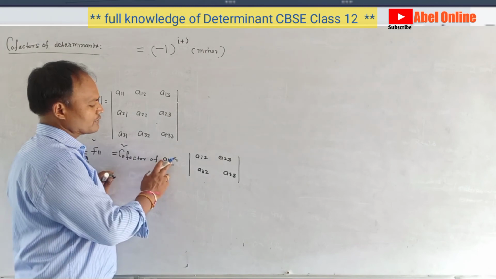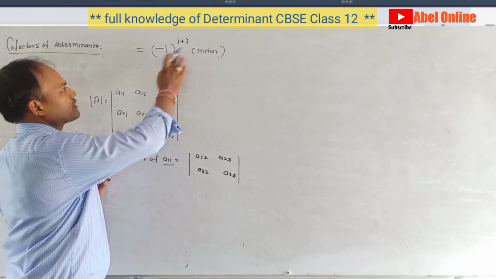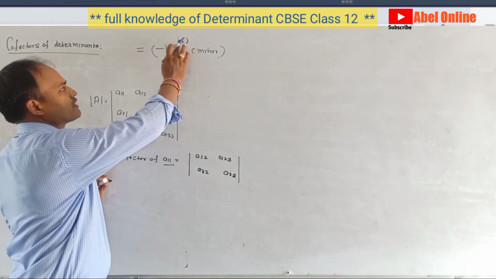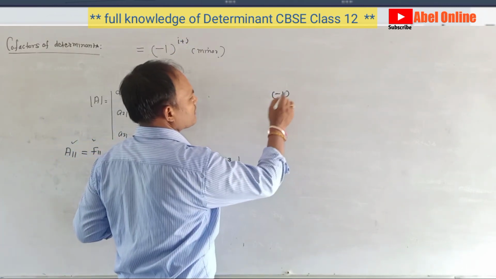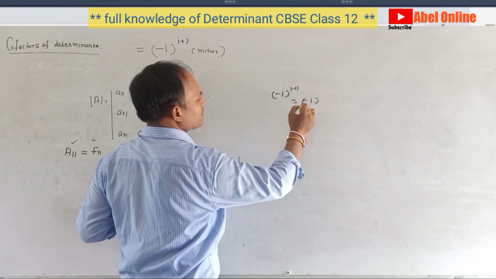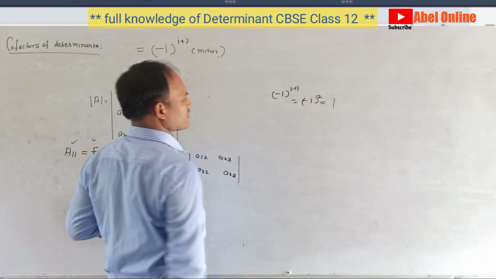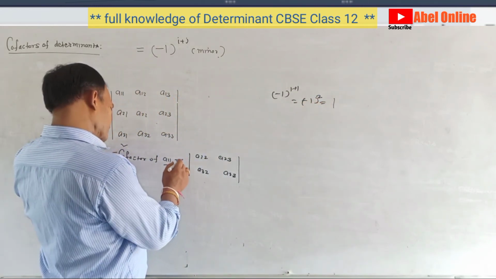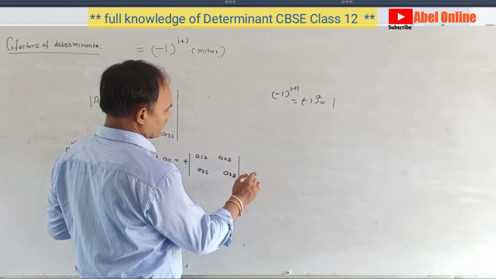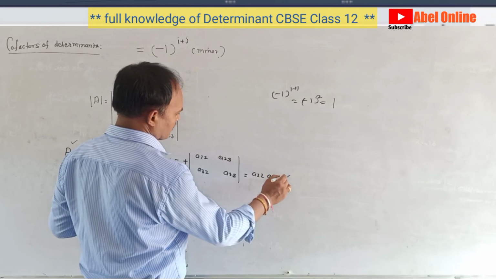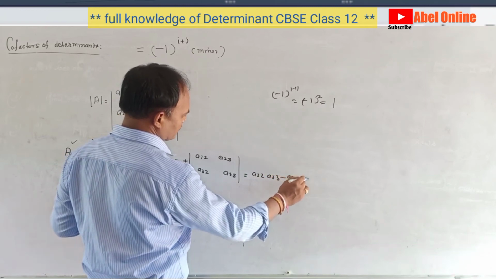You have to add the indices: 1 plus 1, it is 2. Minus 1 to the power 2, meaning minus 1 to the power 1 plus 1, so it has a positive sign. If it is a positive sign, then you can use plus. So the answer is A22 A33 minus A23 A32.